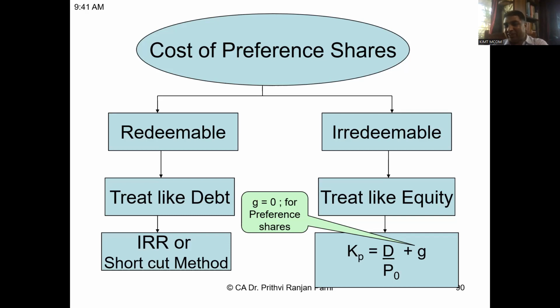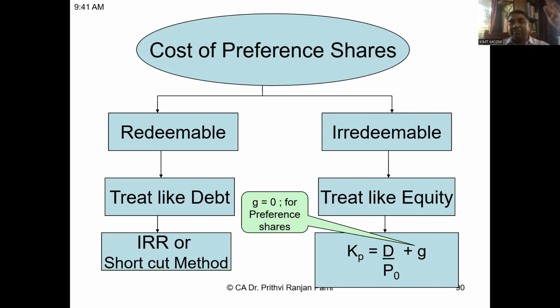The shortcut formula, as we understood in cost of debt, is interest per annum plus average other costs per annum, whole divided by funds deployed, that is opening balance of debt plus closing balance of debt divided by 2. By using that shortcut formula, we can compute cost of debt. If it is a redeemable preference share, since the cash flows behave like a debt, by using that formula the cost of preference shares can be computed.